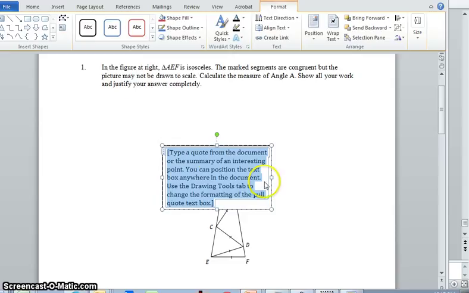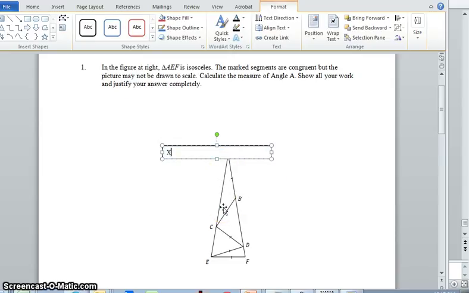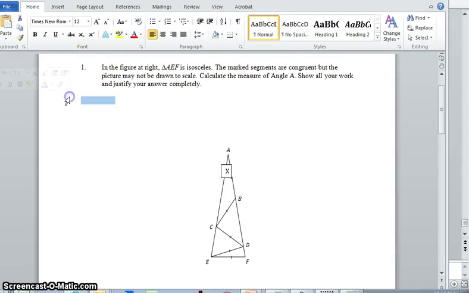So let's insert a text box at A that just calls AX. So we're going to work with the assumption that the measure of the angle at A is equal to X.